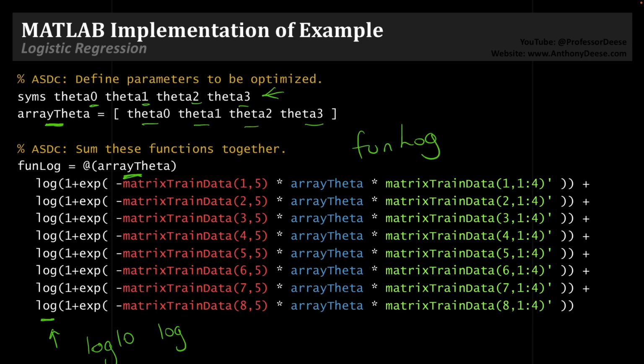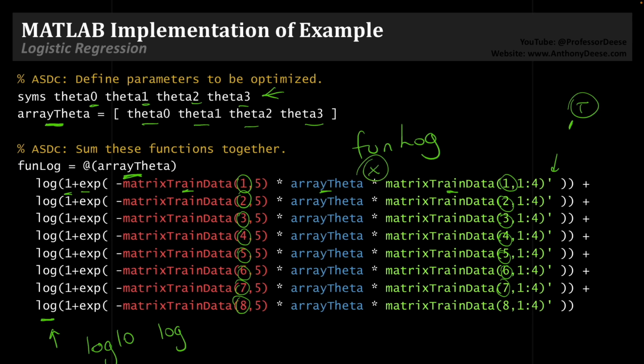A little bit confusing. And then we use the equation that we had defined previously, 1 plus e to the y ideal times theta times x. And all we do is increment which row of this we call each time. And again, note that this apostrophe right here is equivalent to untransposing the input data array as needed in order to make this multiplication work out.